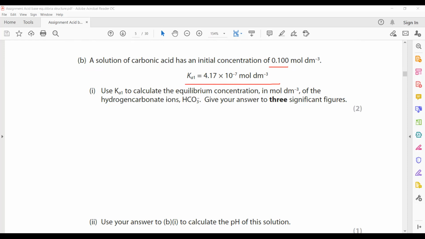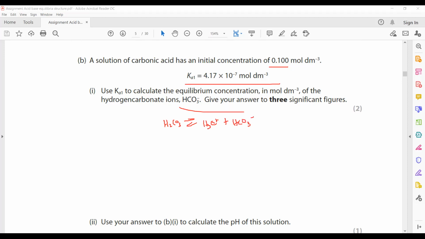So we can simply work it out, because if we take the first equation, as we know, the first one, H2CO3, was dissociating into H3O+ and HCO3-.